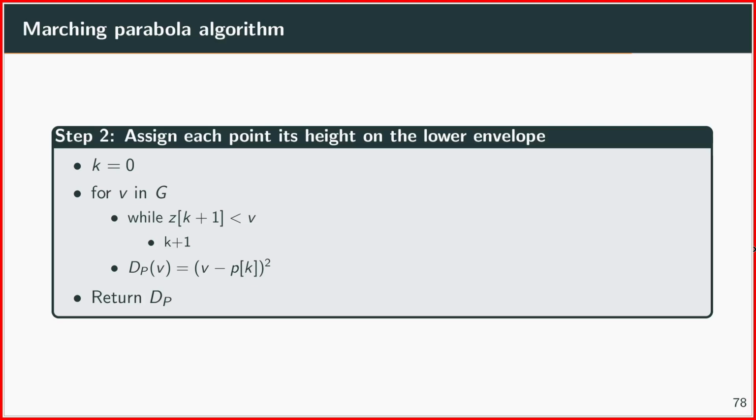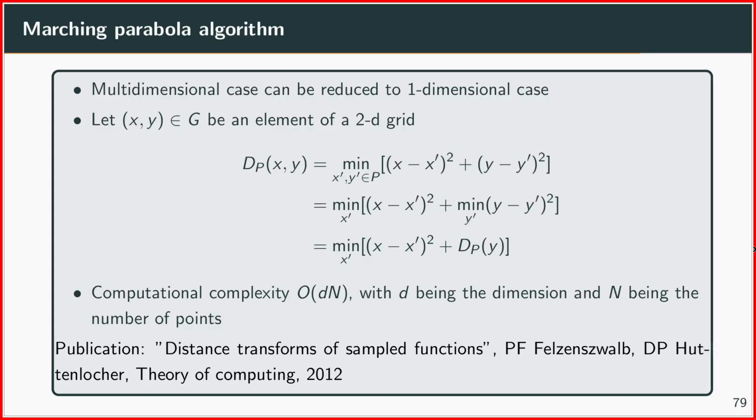Once you have it, you go over all your voxels, and for each point you compute the value in the lower envelope, and this gives you, in the end, the signed distance field. Something very nice about this is that we can reduce the multidimensional case to the one-dimensional case.